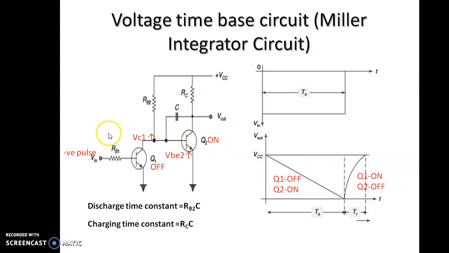Hence we can say this circuit is a voltage time base circuit which produces a linear variation of the voltage with time. The voltage time base circuit finds a major application in CROs, that is cathode ray oscilloscopes.